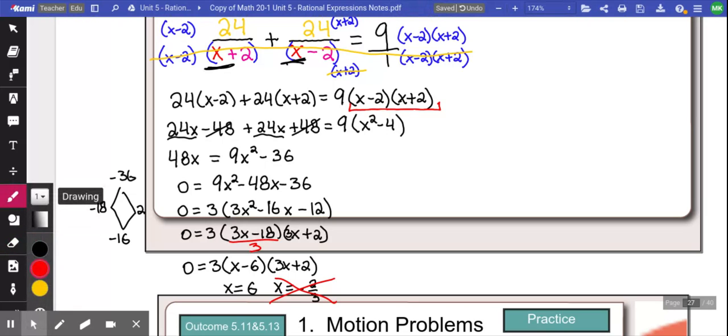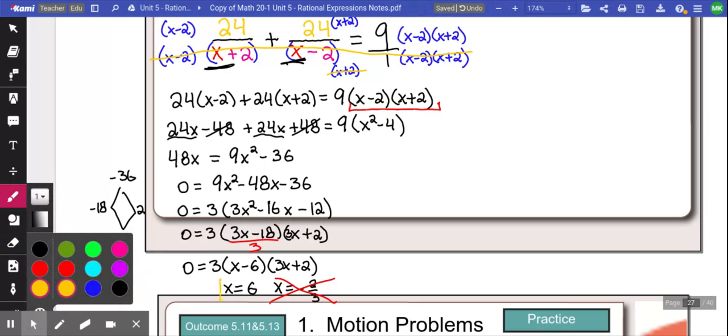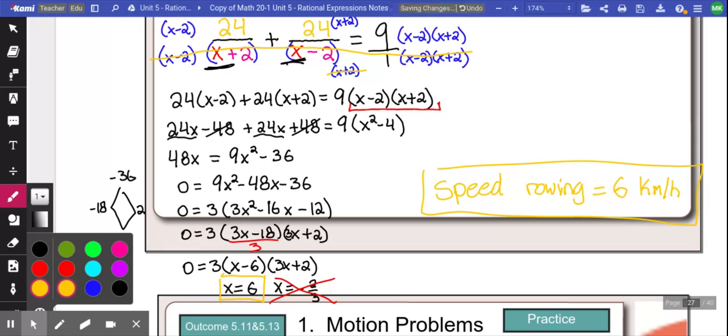So the speed in which I'm rowing is 6 kilometers an hour. Now, that's what it asked for. It asked for the speed of him rowing. If it asked for the speed of him going downstream, it would be 6 plus 2. If it was the speed of me going upstream, it would be 6 minus 2. But 6 represents how fast he was actually rowing.